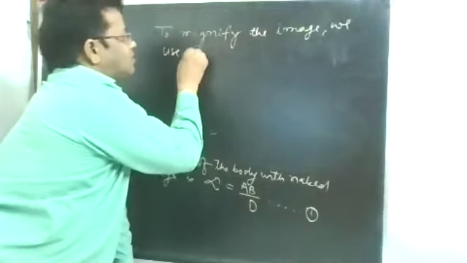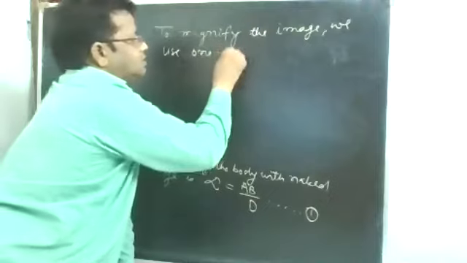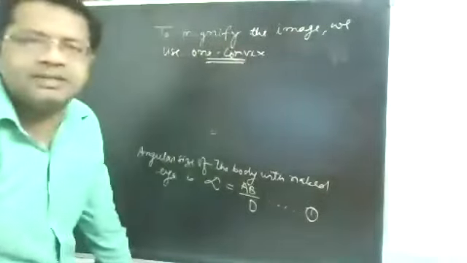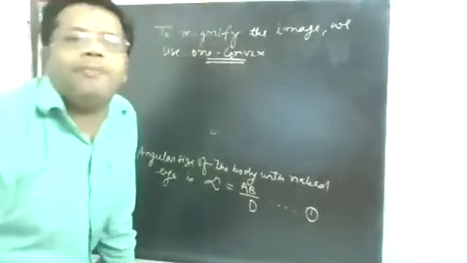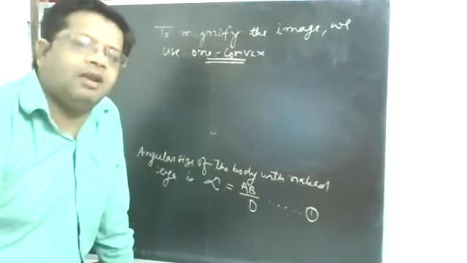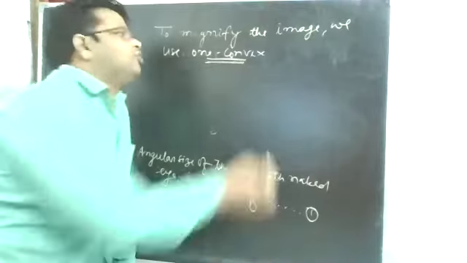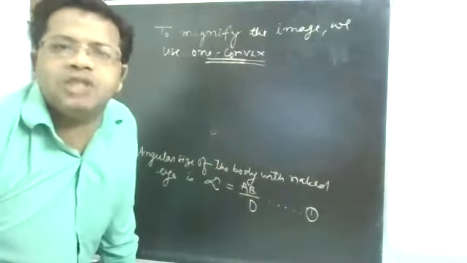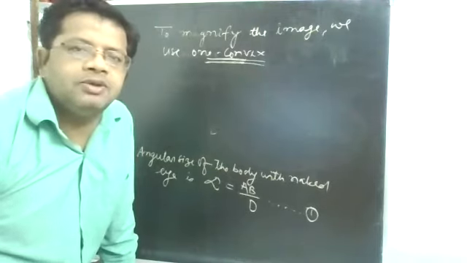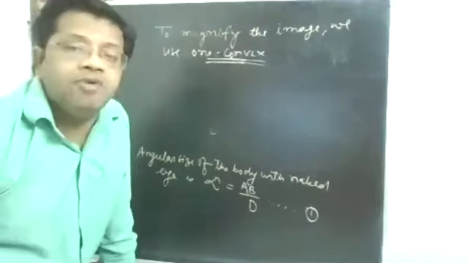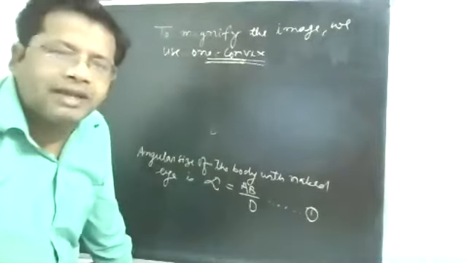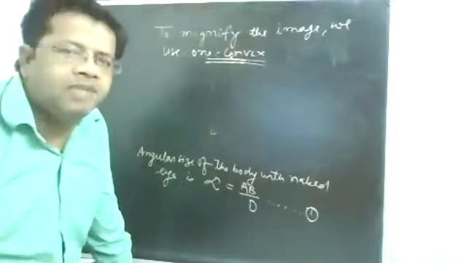Only one convex lens. If we are using only one convex lens, then that microscope is called a simple microscope. Because you know a convex lens is called a magnifying lens. Concave is not a magnifying lens. So when we are using only one convex lens, the microscope will be called simple.